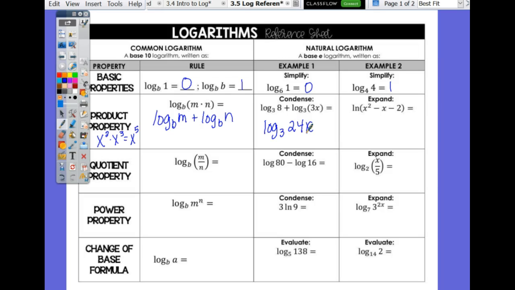If I want to expand, that means I have to have more than one term here. So I have ln. So will this factor? Thank you, Joseph. x minus 2 and x plus 1. So that'll factor. So what do I change the multiply to expand it?